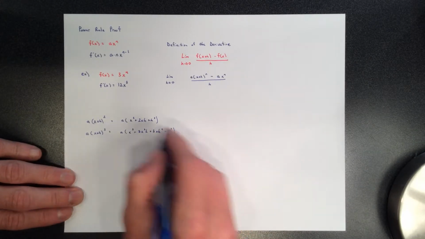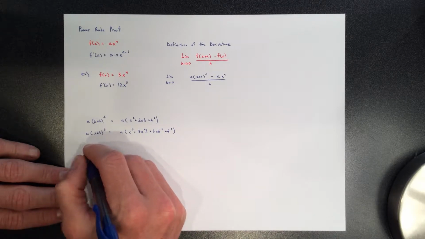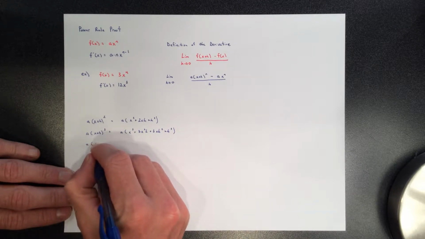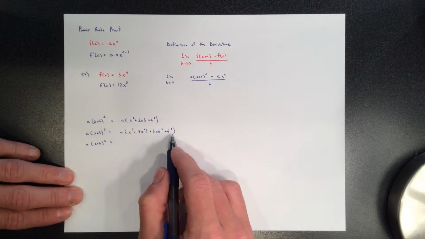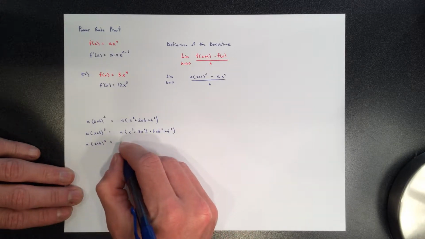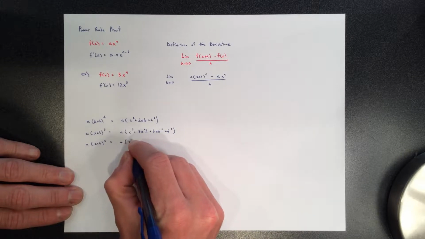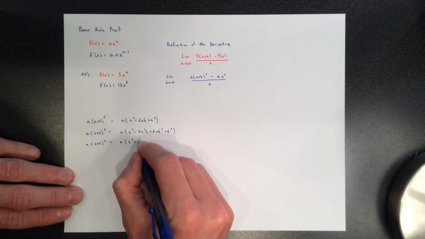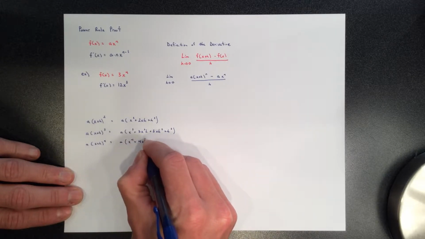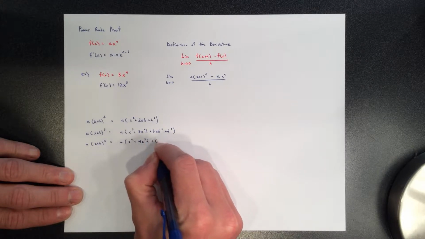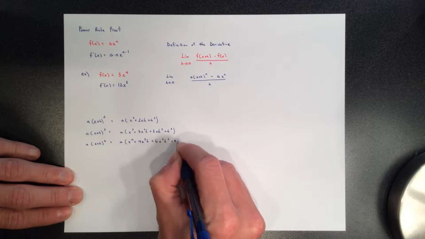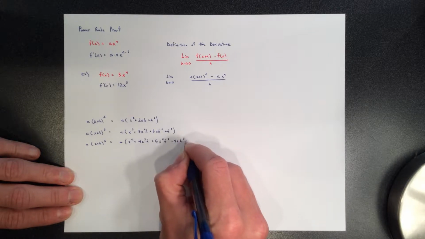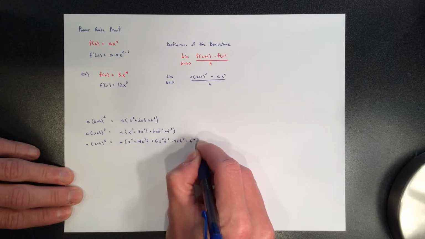I'm multiplying all this out and I understand the pattern. You might have to take out a scrap piece of paper and figure out how I'm getting these, but this is the pattern you would get. This would be a, and this would be x to the fourth plus 4x cubed h plus 6x squared h squared plus 4x h cubed plus h to the fourth.